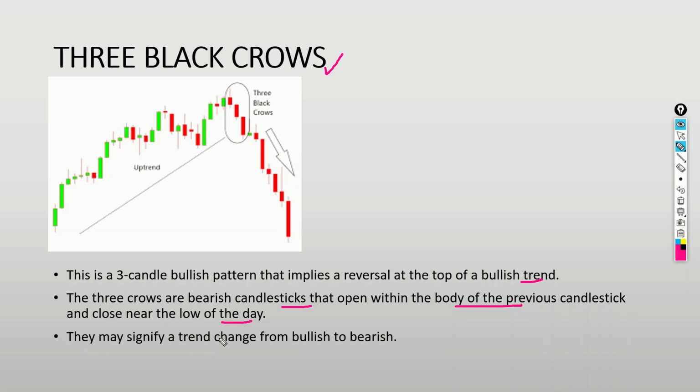So they may signify a trend change from bullish to bearish. Okay, so the opposite of three white soldiers is three black crows. So we have a clear uptrend, and then we have a series of red candles, which are bearish candles. Then they form the three black crows, which show a change in trend. Okay.